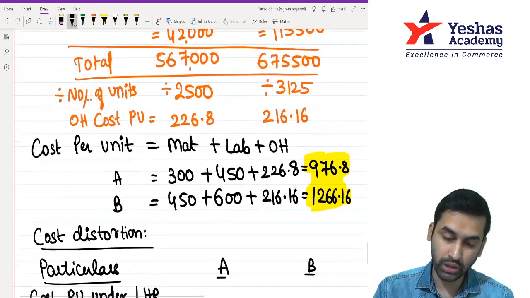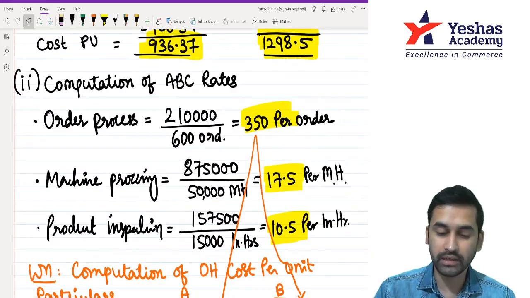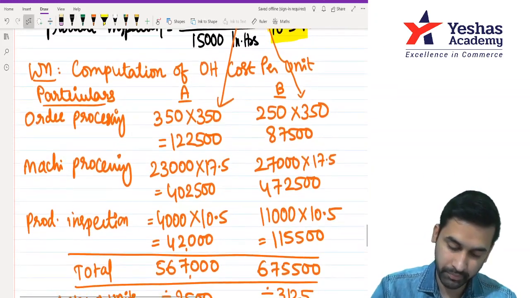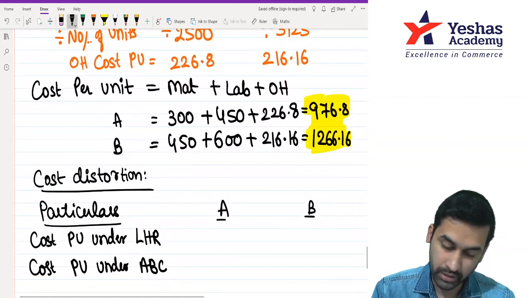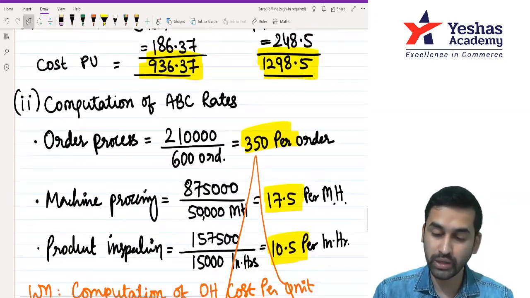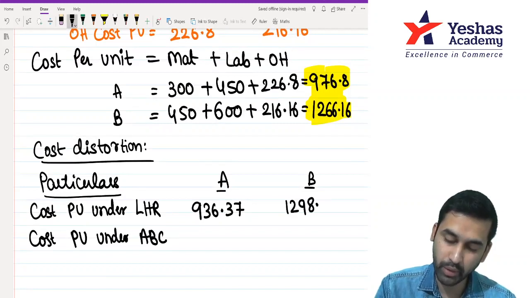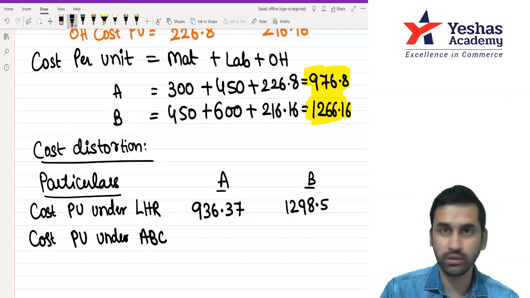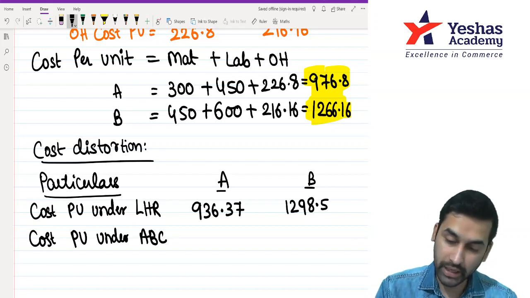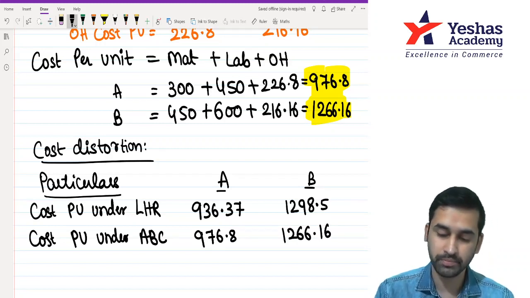I will just scroll up. Cost per unit under LHR was 936.37, correct? And product B was 1,298.5. This was the answer to sub-question 1. Under ABC, 976.8 and 1,266.16.